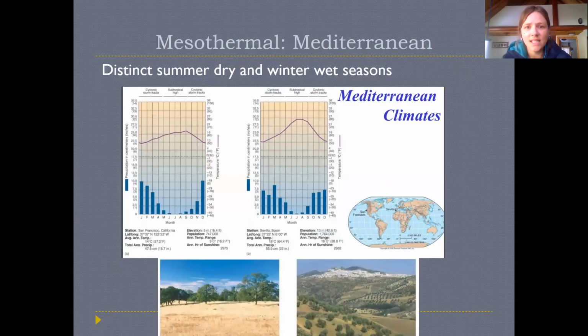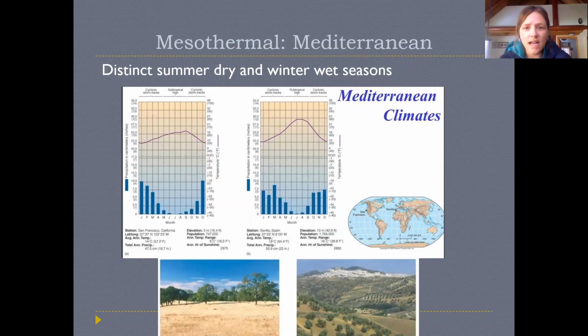And again, this is a climate that we're very familiar with in California, but you could also experience this zone if you lived in Spain or North Africa or Italy or South Africa or Western Australia or Chile, places in South America as well.